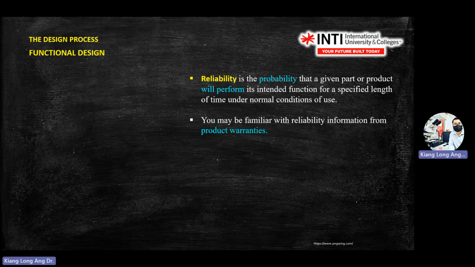So how do you know that this product is reliable or not under normal use? You go to their product warranties and read what this product can do or cannot do, and under what circumstances the warranty is void. So this is all about reliability.